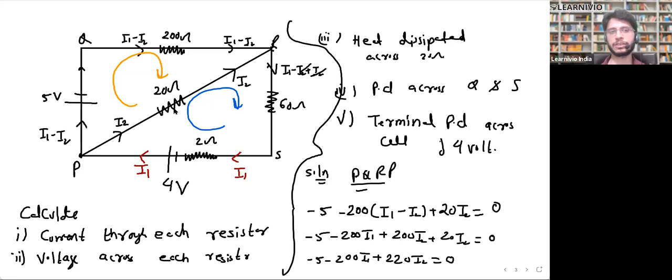The only difference is that if I choose a clockwise loop and get an equation like x plus y equal to 0, then on choosing an anti-clockwise loop you will get minus x minus y equal to 0. Both are the same equation. So this is absolutely independent of the choice of the loop.